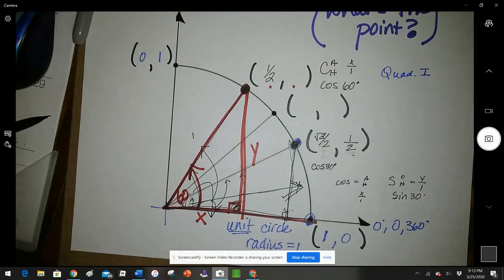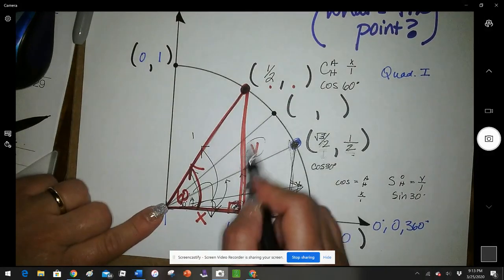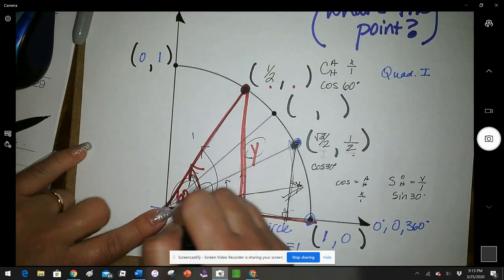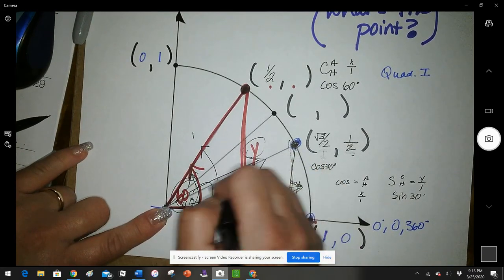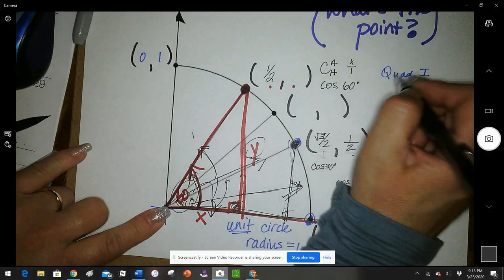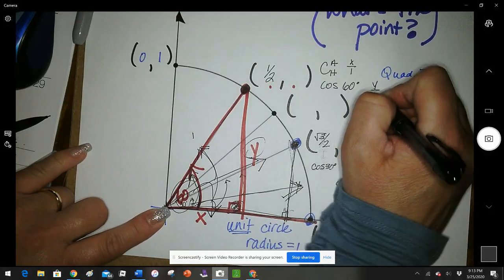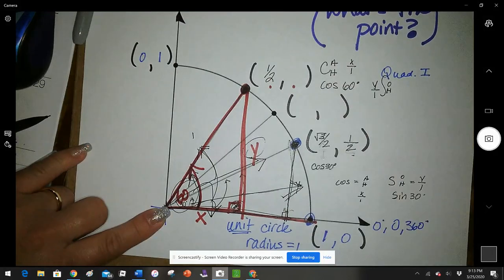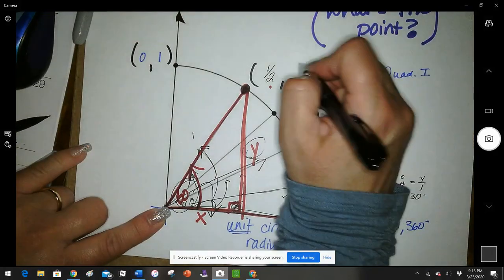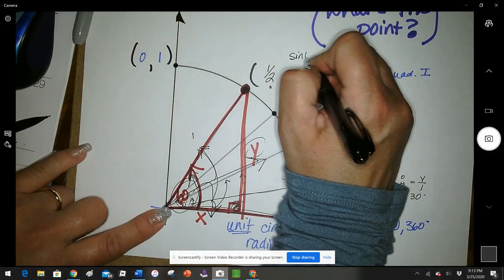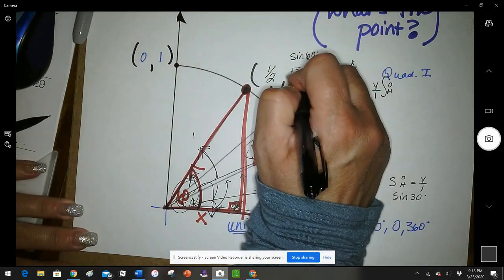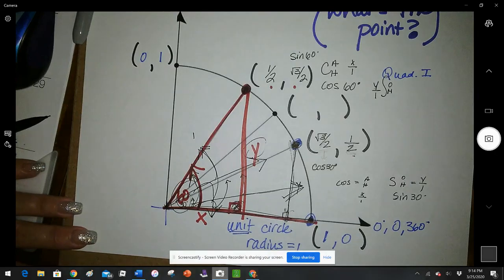If you look at finding out what y is, from our 60-degree opening we need the opposite over hypotenuse. So I need the y over 1. Opposite over hypotenuse, that's going to be the sine. So what is the sine of 60 degrees? The sine of 60 degrees is root 3 over 2.